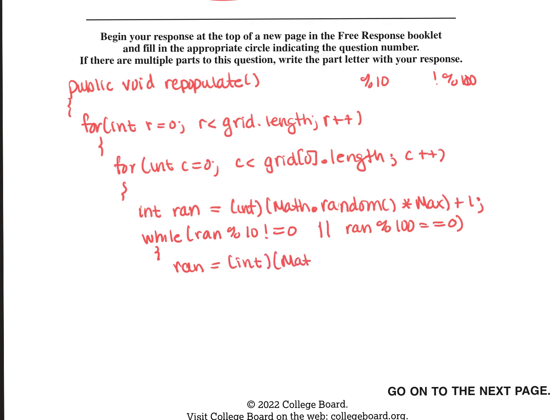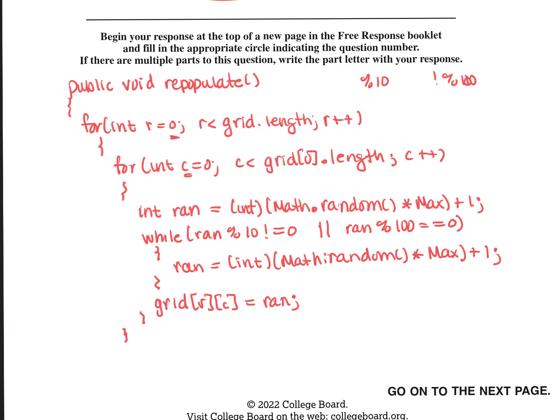Because if it was divisible by 10 and not divisible by 100, then we would add it. If it's not those, then you will have to regenerate. Once we have that one, we are going to add it to our grid. And then it'll go to the next column until you're at the end of columns, it'll increment your rows. And this was a void, so nothing is returned.